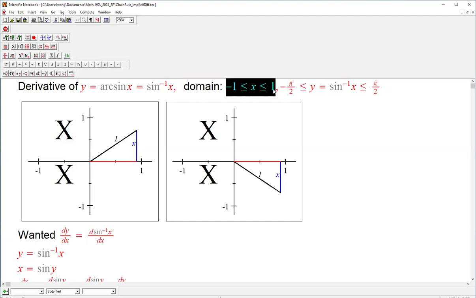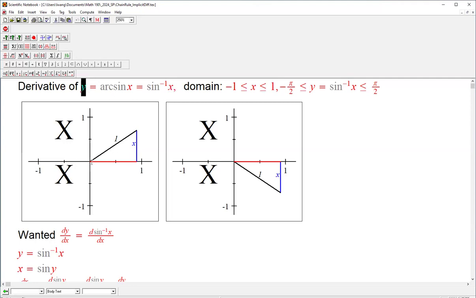The range is between negative pi over 2 to positive pi over 2, which means that by definition of arcsine and sine function, that domain is from -1 to +1, right? The range, meaning y, is going to be an angle. X is a ratio, y is an angle.